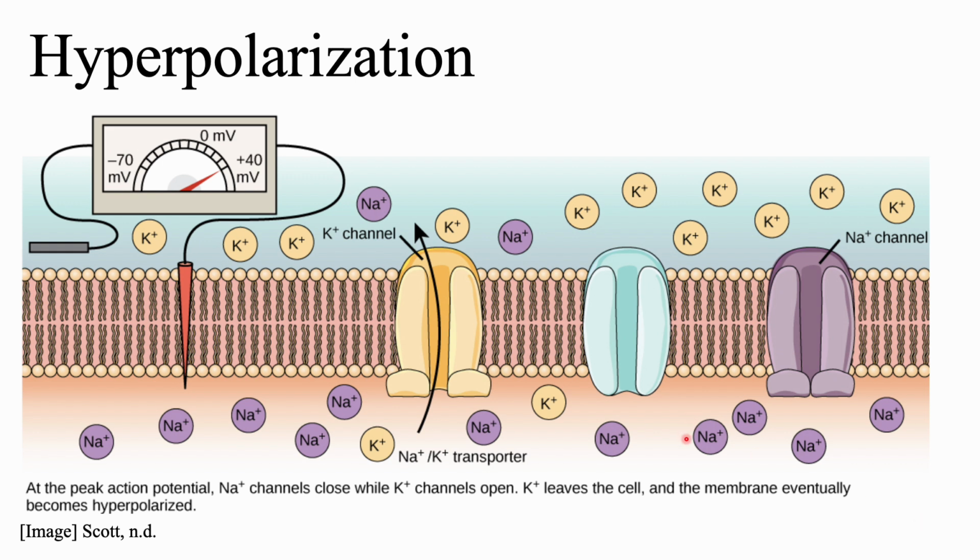It's when our sodium channels will return back to their resting state and will be ready to open again. And then our extra potassium ions will diffuse out of the cells through the potassium leakage channels, bringing the cell from its hyperpolarized state back to its resting membrane potential.